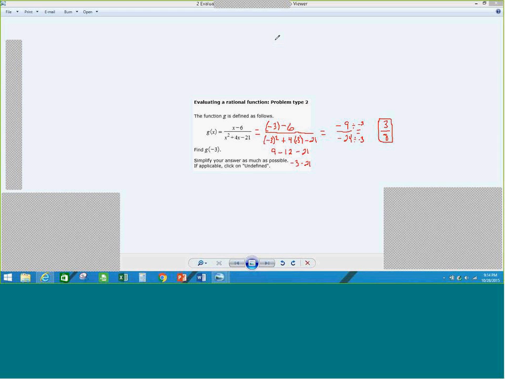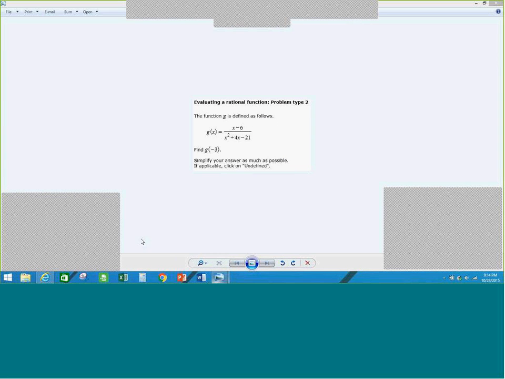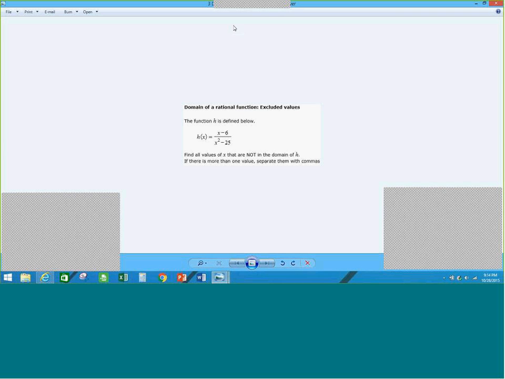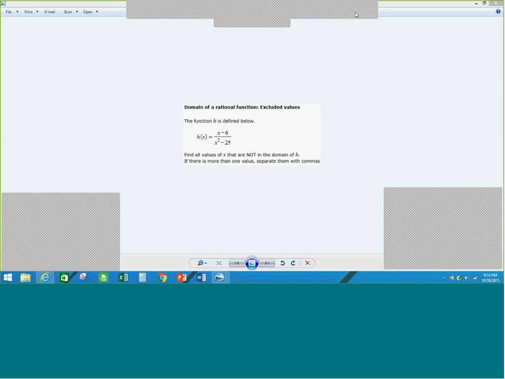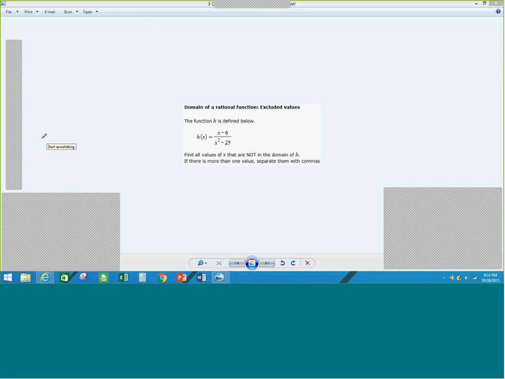Okay. Go ahead and turn this one off and pull up the next problem. All right, so evaluating some of these rational expressions is one thing that you'll be asked to do. But you're also going to be asked to determine pieces of information about these things, and one of those is called a domain.